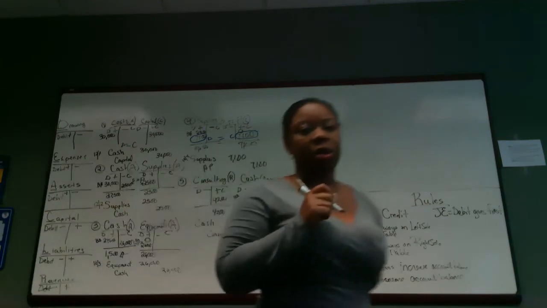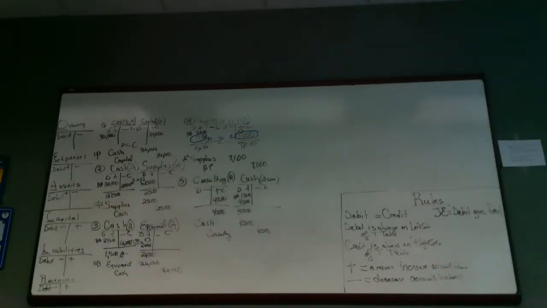All right. And then number 6 says payment of expenses in cash. So we're going to pay two different types of expenses. One is going to be rental expense.